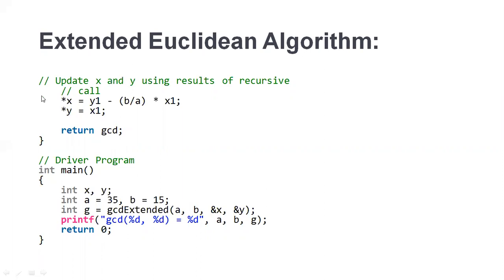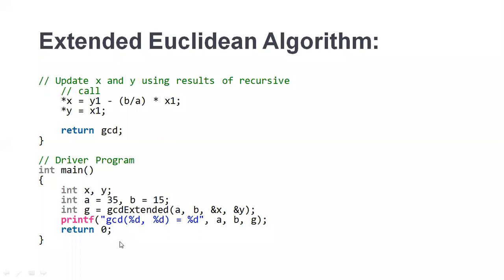It will return a GCD. Okay, so from this point your main program starts here, in which we put the values of a and b, and this a, b, x, y we are passing into the function, and finally we will print the result. Mainly three things we have to print here: the value of x, the value of y, and the GCD.